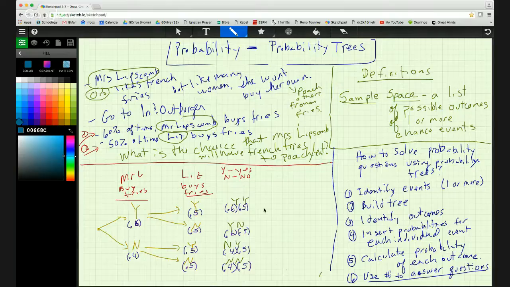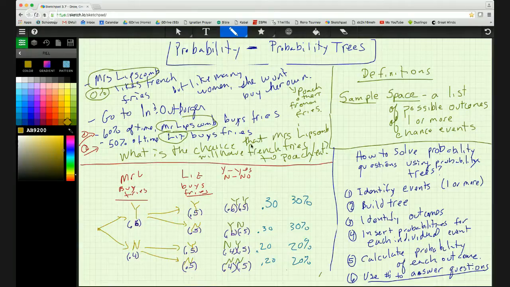Okay, I'm assuming we're back and you've calculated these probabilities: 0.6 times 0.5 is 0.3, and then 0.2, and then 0.2. And this is 30%, 30%, 20%, and 20%. And now let's identify the cases where Mrs. Lipscomb can eat some French fries.